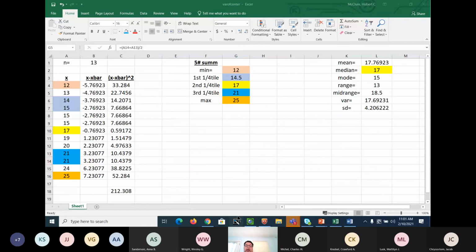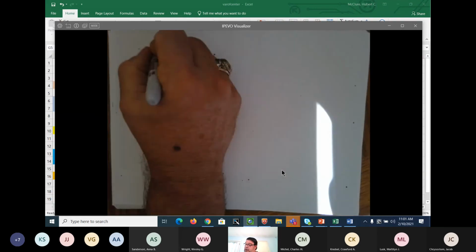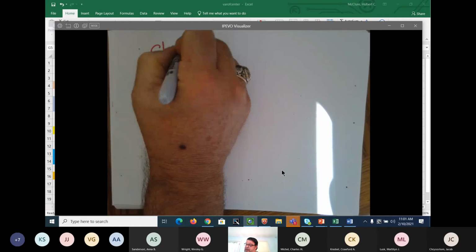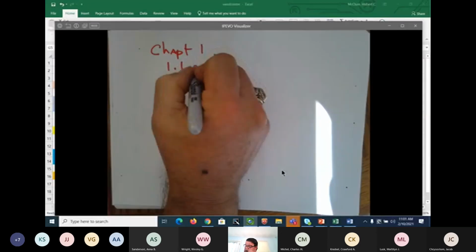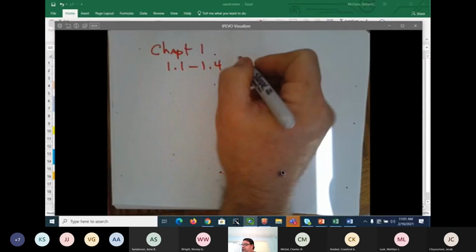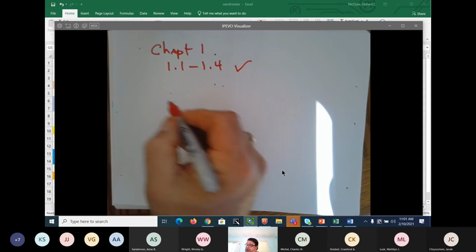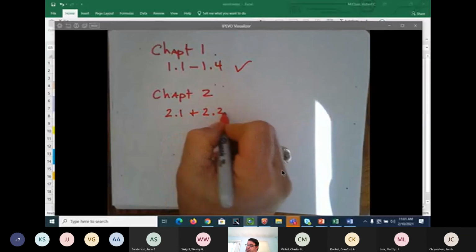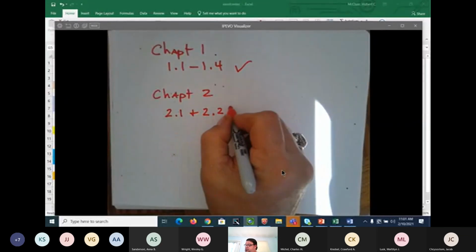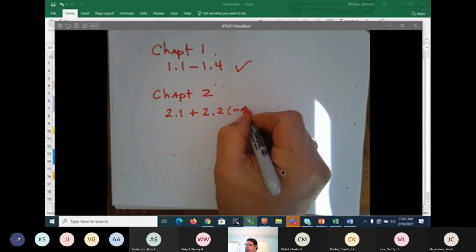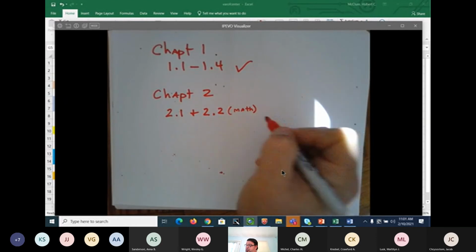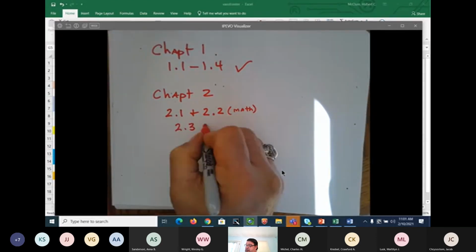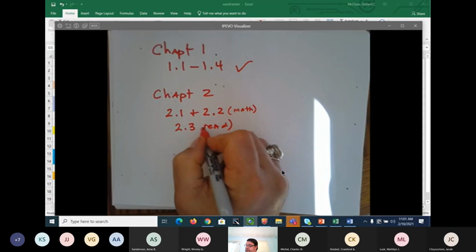Right now, everybody, chapter 1 should be done. 1.1 through 1.4 should be done. Chapter 2, that's 2.1 and 2.2. 2.2 is where you do the little bit of math. And 2.3 is reading. That should be done.